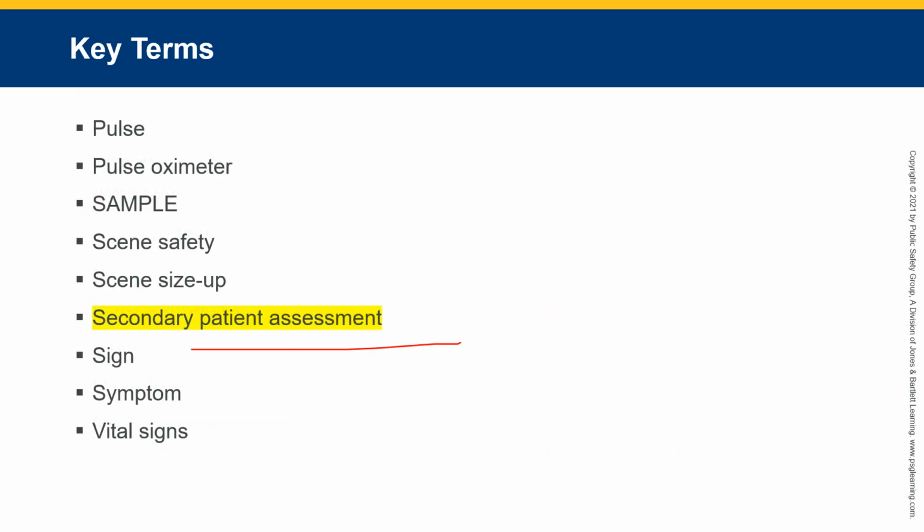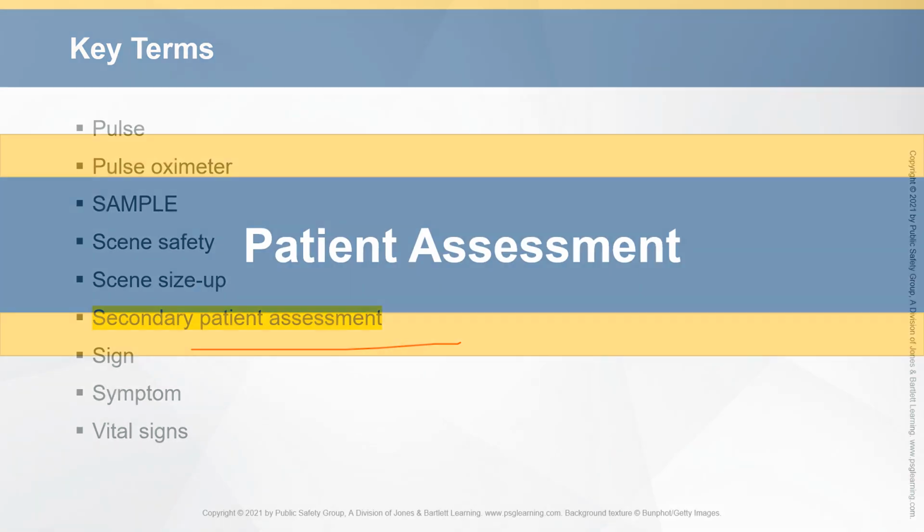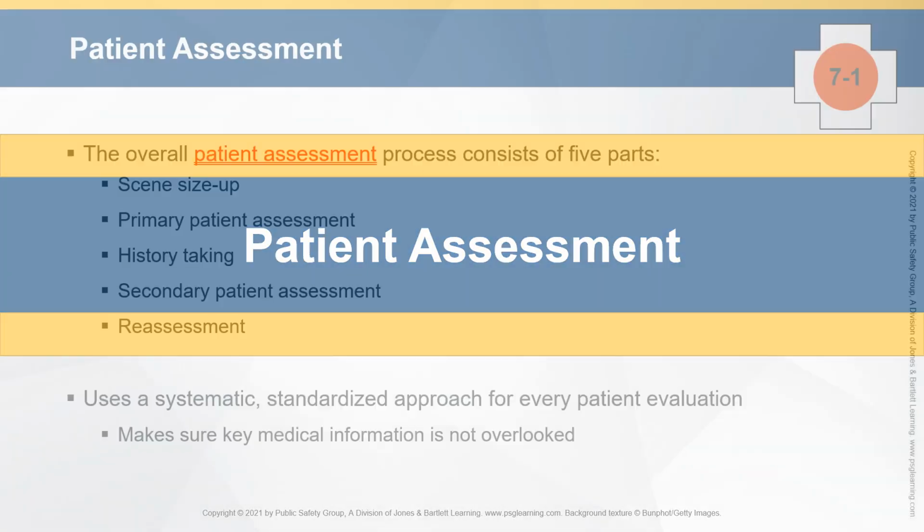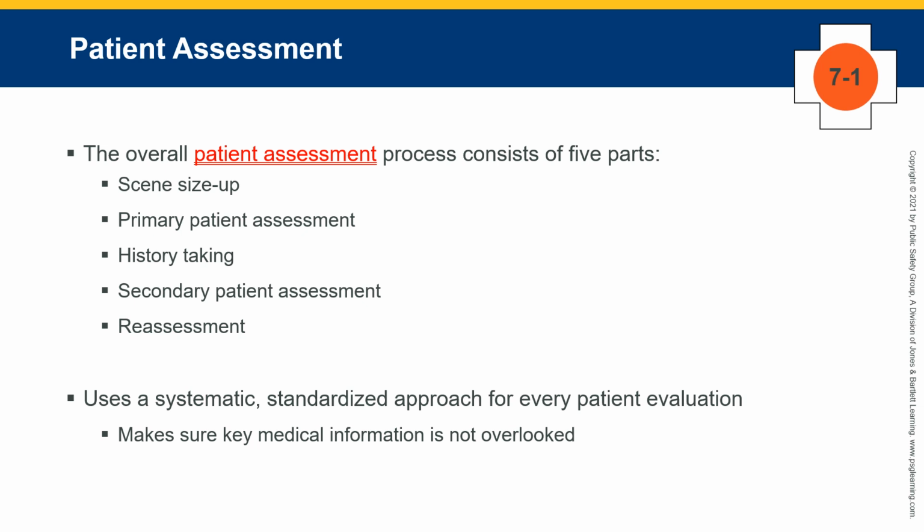Remember, secondary patient assessment is where we are. We've already made the scene safe and done our scene size-up. We've already addressed life threats in the primary assessment and collected a patient history. So, considering those 5 parts, as always, we want to make sure that we're systematic and standardized.